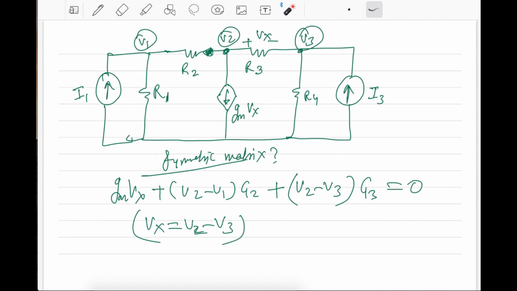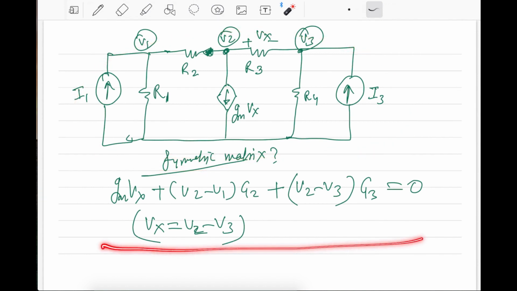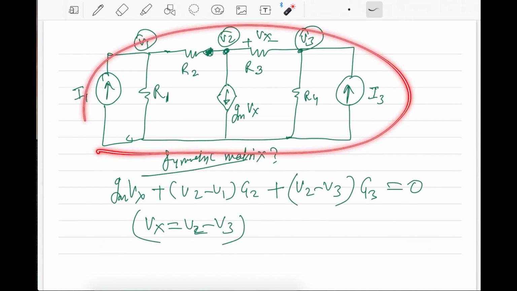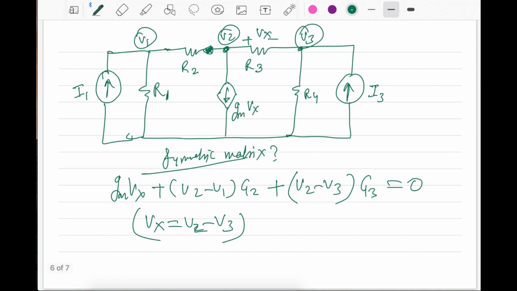I hope this clears that out. This is the question which deals with voltage controlled current sources connected like this, so you can solve such things now. Let us see one more variation. Sir, is Vx given in the question? Yes, it will be given, because this is the dependent source.